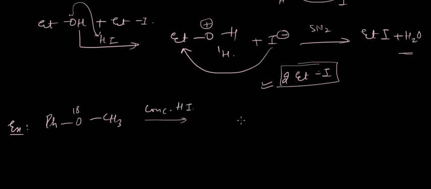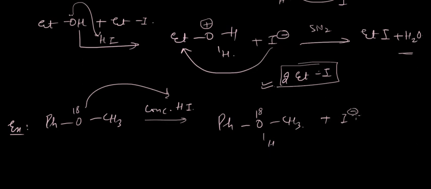So what will happen is, this O would first take H plus from concentrated HI to form something like this and CH3, and you know that I minus cannot attack on Ph, because if it attacks on Ph, then the carbon atom on a phenyl ring will get a partial positive charge, so we'll have a formation of something like an aryl cation.